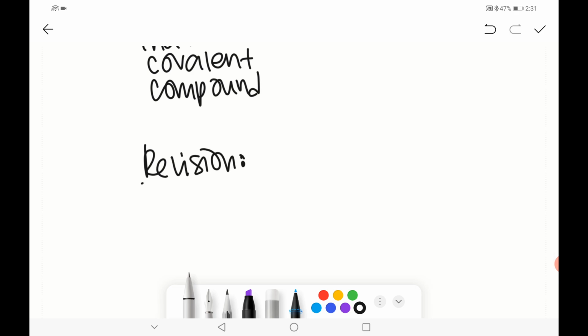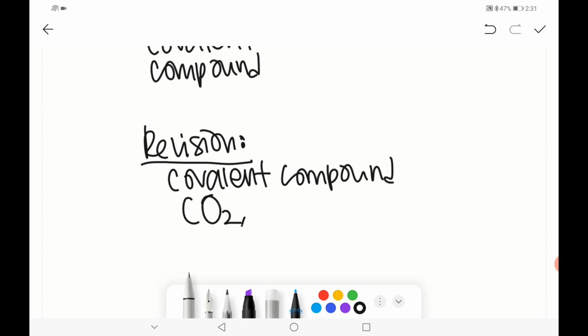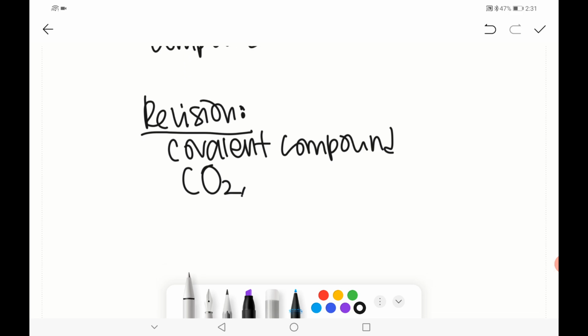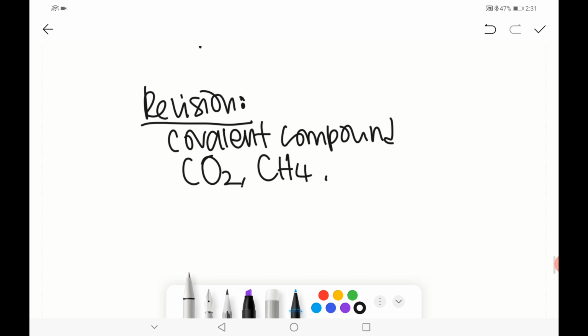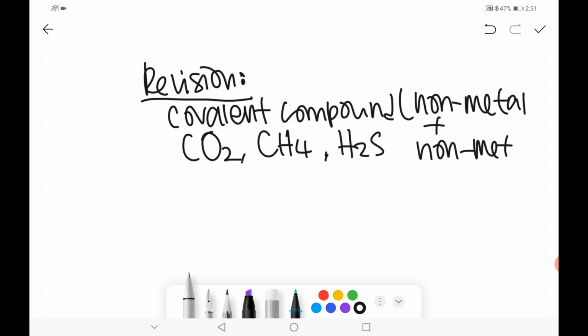When we have a covalent compound, for example carbon dioxide, methane, CH4, or hydrogen sulfide, all these you don't need to memorize. All these are covalent compounds, made by non-metal and non-metal joining together, so we know that they will form covalent compound already.